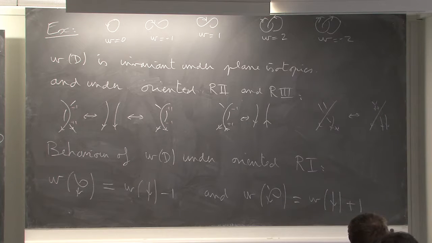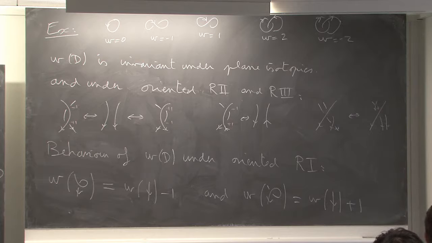So this allows us to define an isotopy invariant as follows. Let us call it the Kauffman polynomial.